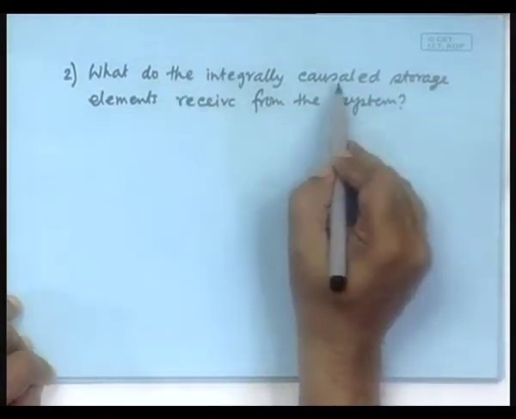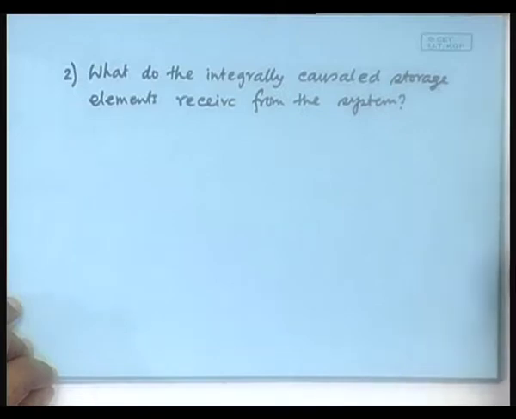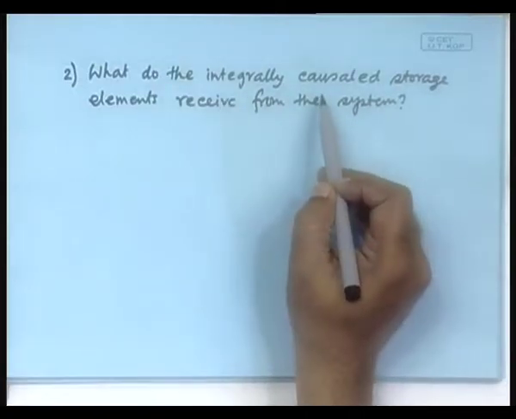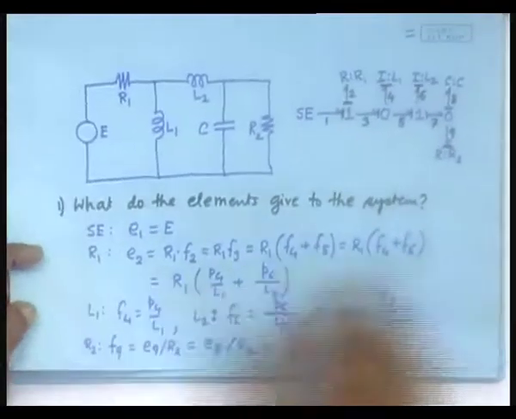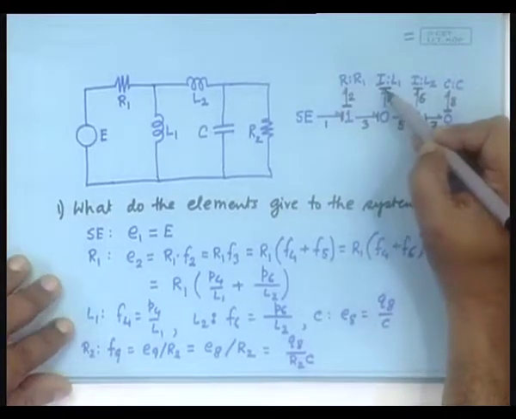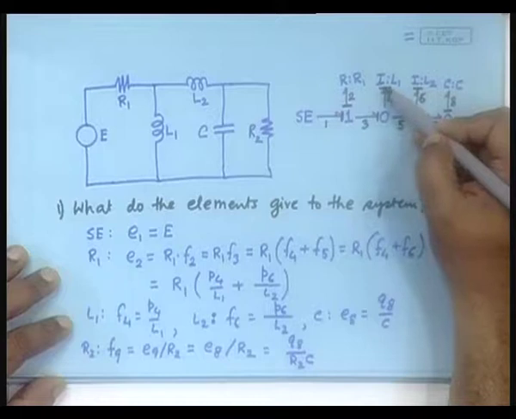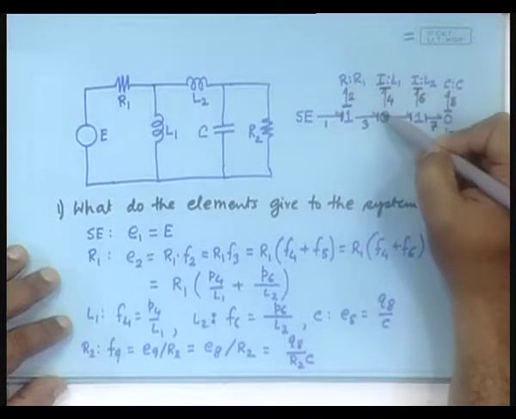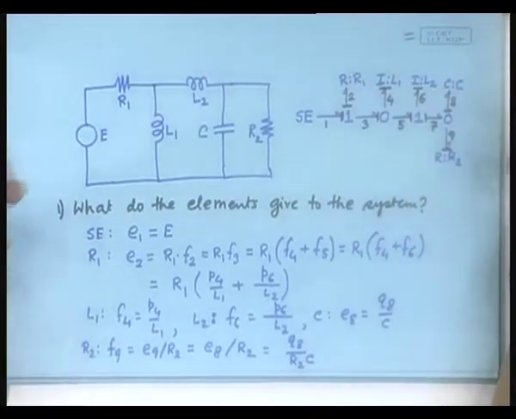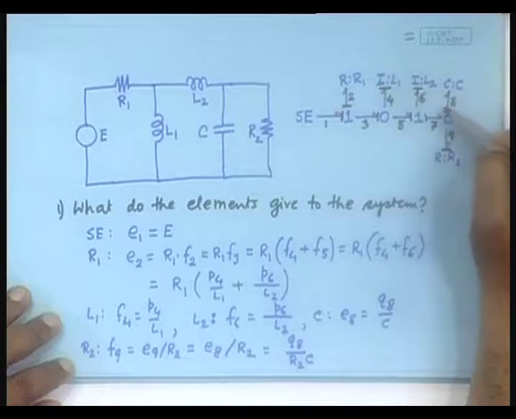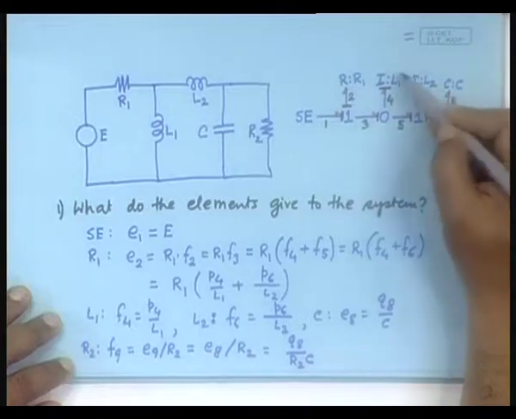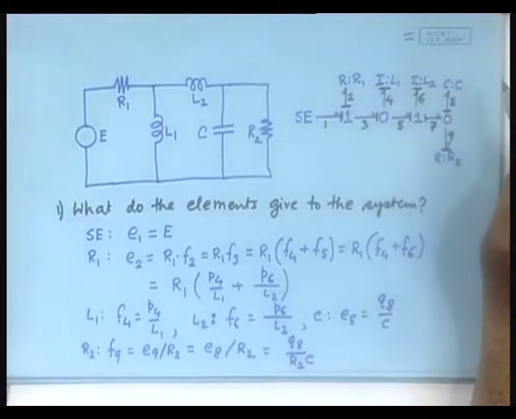Yes, this is important, though in this particular problem all the storage elements are integrally causal. Can you see that? For the I element, an integral causality is where the causal stroke is here, because then it is receiving the effort information and giving out the flow information, and they are integrally related. For this it is correct, for this it is correct, and therefore, all these storage elements are integrally causal.